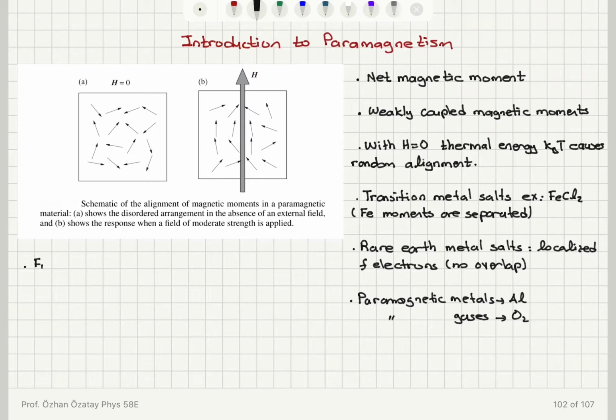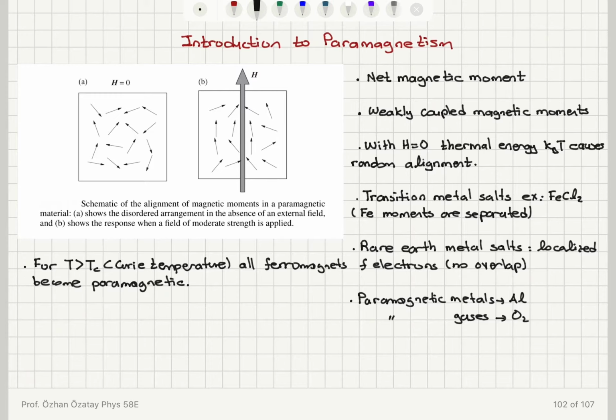For temperature T greater than Tc, the Curie temperature, the ferromagnets go through a phase transition. All ferromagnets become paramagnetic. So they go through a phase transition.